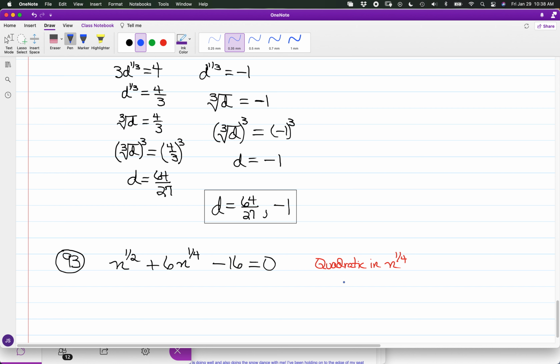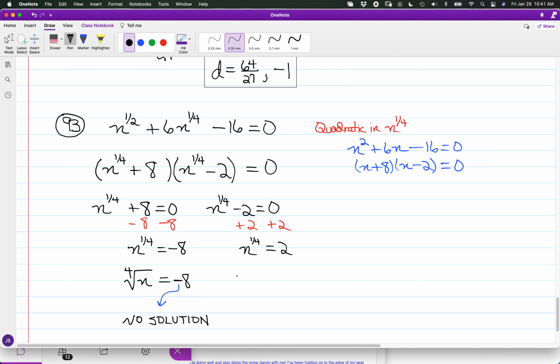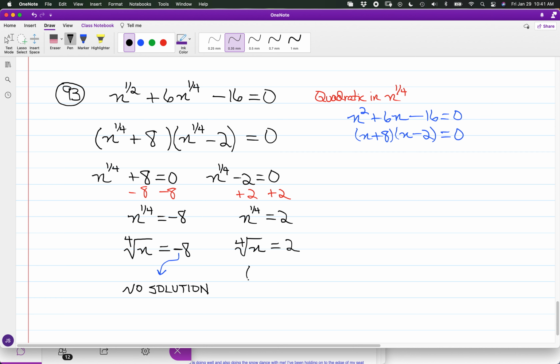If I isolate the variable term upon adding 2 to both sides, I have n to the 1/4 equal to 2. Rewriting as a radical, I have the 4th root of n equal to 2, and here I have an even root that goes to 2, a non-negative constant, so I can follow through and raise both sides to the 4th power.